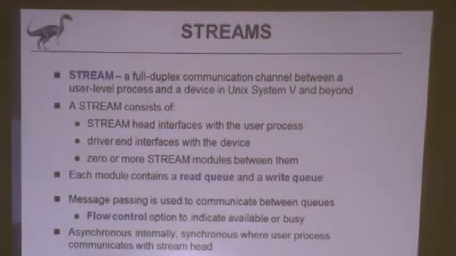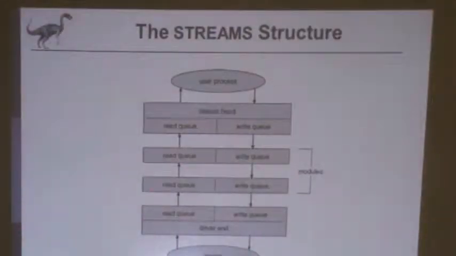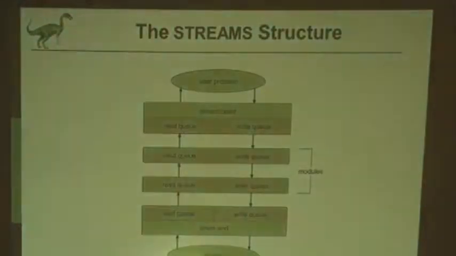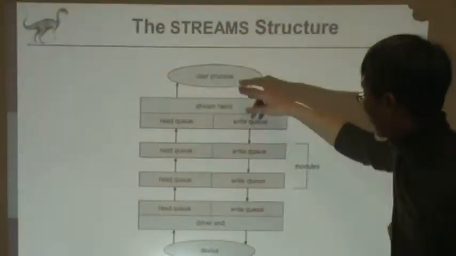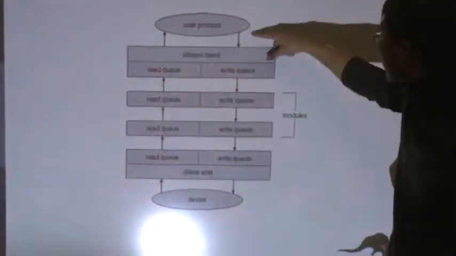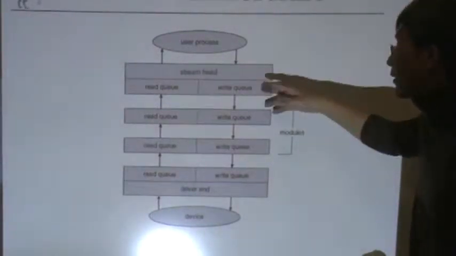Then streams, one example is in Windows. It is a kind of structure for how to manage input and output. It's stream based, between the user request and the device. You can go through several modules.